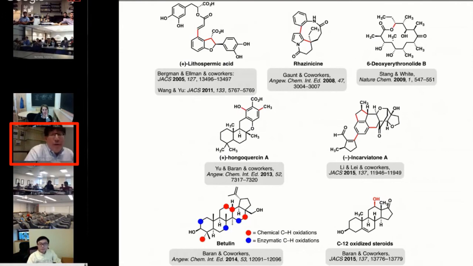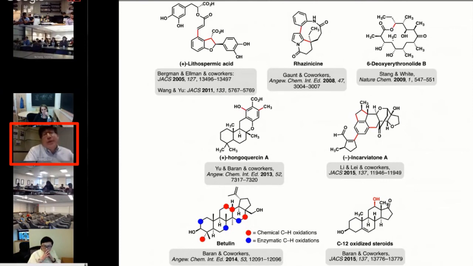You have syntheses of lithospermic acid by Jin Kwan's laboratory, also by the laboratories of Robert Bergman and John Ellman and their co-workers. These are beautiful undertakings that were highly reliant on CH functionalization events. You have Matt Gaunt's synthesis of resinosine, again featuring CH functionalization reactions.